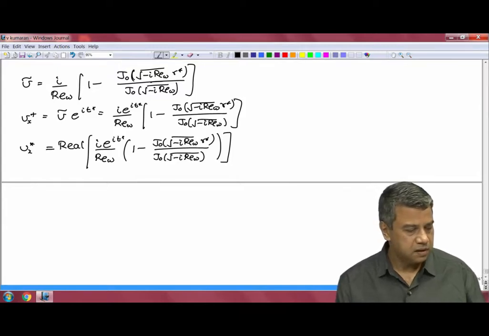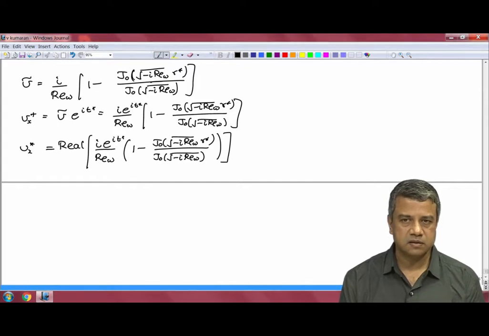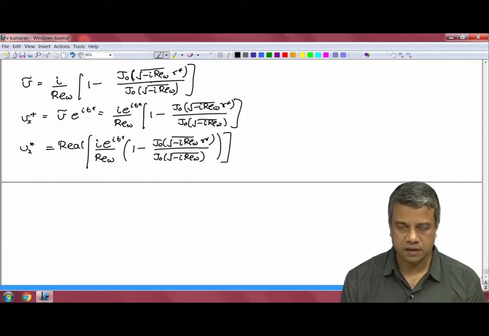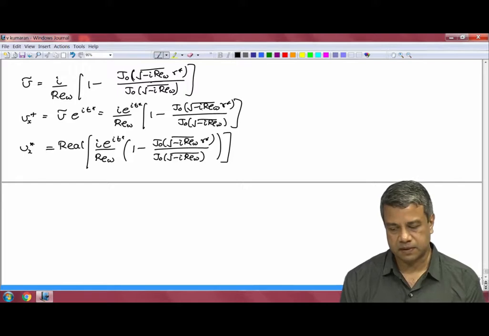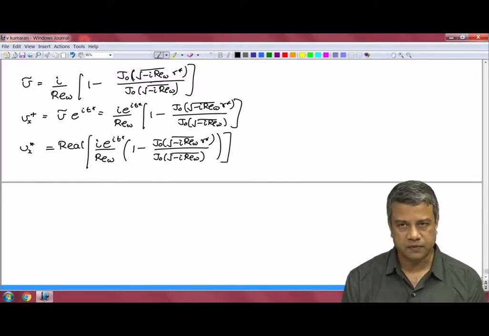There are a couple of ways to proceed. First, you just take the solution and plot it as a function of r for different values of t. That gives you the numerical solution for the oscillatory flow in the pipe, and of course, you can get the numerical velocity profiles and analyze them.